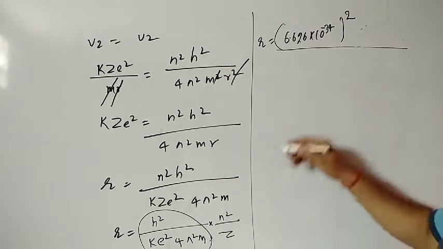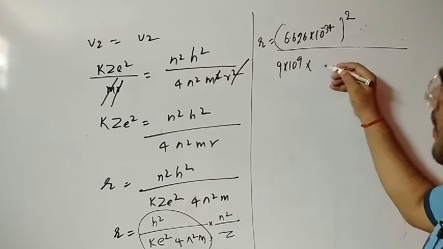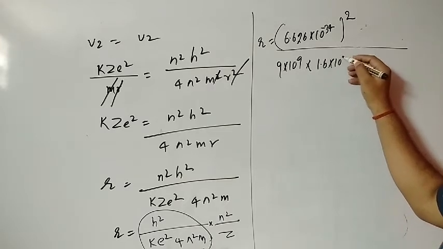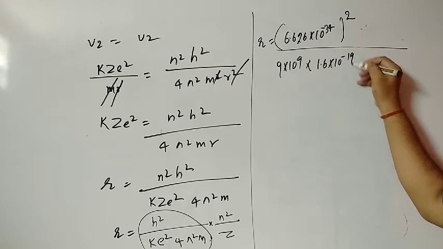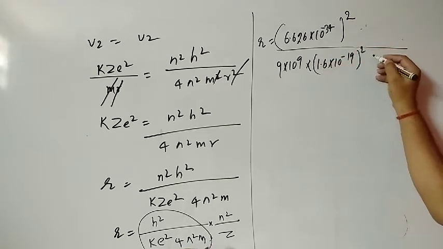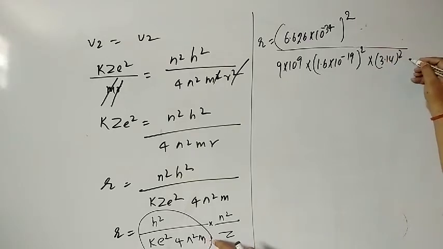Divided by the k value, 9 into 10 power 9, multiplied by e, the charge of the electron, 1.6 into 10 power minus 19, squared. Then pi 3.14, squared. m is 9.1 into 10 power minus 31 kg, multiplied by n square upon z.